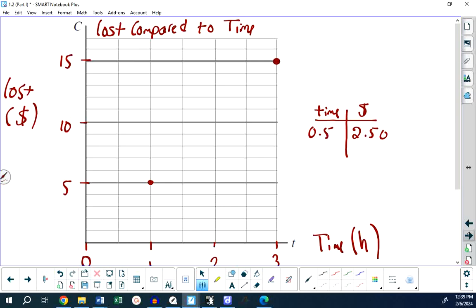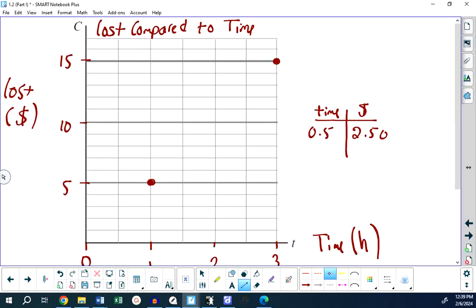So if we know this is linear, and Alexa's saying it's linear and she's right, because every time you go up on the x-axis half an hour, you go up on the y-axis $2.50, it's a constant rate, then when you draw your line, 2 points is enough. Question for you.